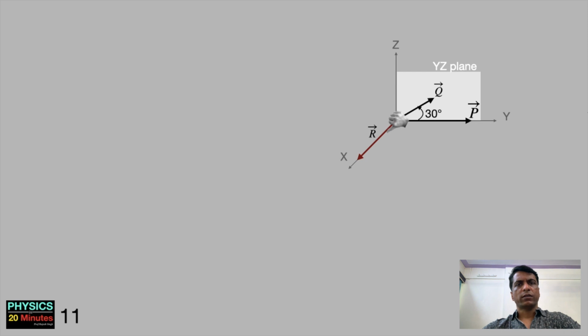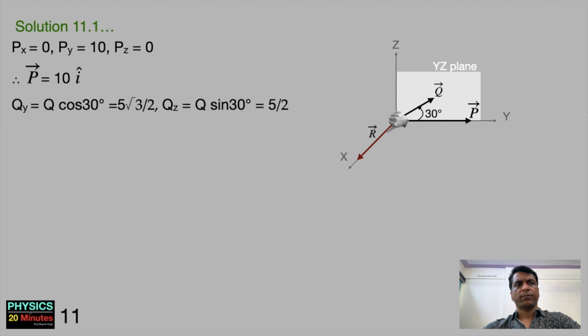Let's solve it by using the component method too. P lies along y-axis, so its x component is 0, y component is 10, z component is 0. Therefore, P can be written as 10 j cap. Q lies in yz plane. We can drop a perpendicular from the head of Q to y and z axis and find its components.